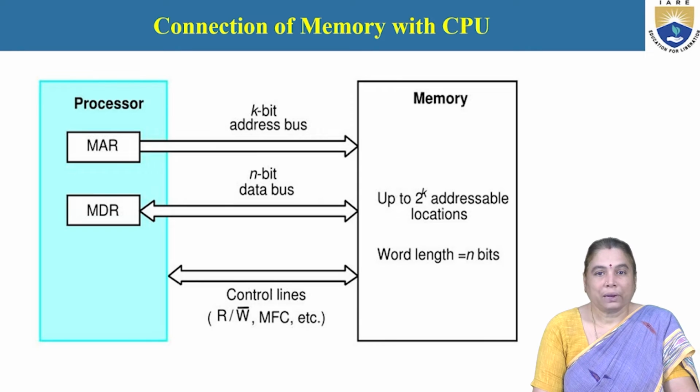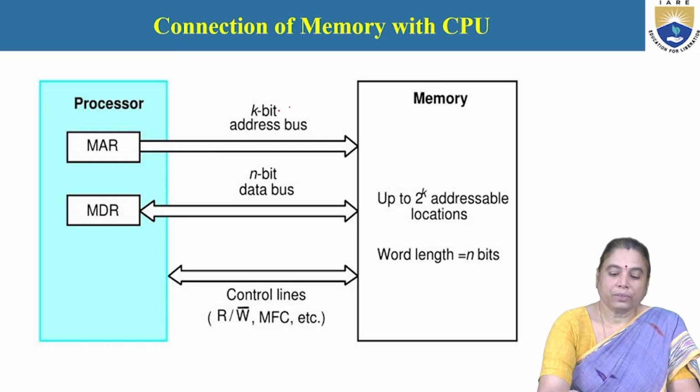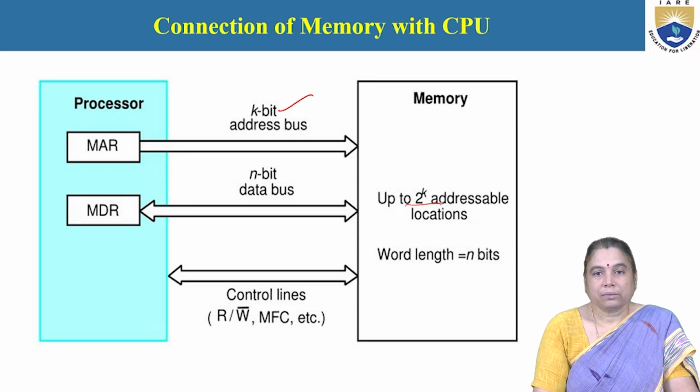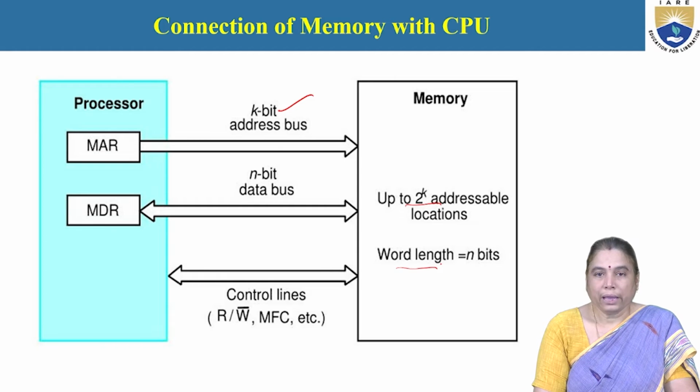The processor and memory can be connected with the address bus, data bus and control bus. Consider how many bits are present in the address bus. For example, if there are k bits, 2 power k is the address space of the memory. If the data bus is n bits wide, there are n bits to be represented as one word, so the word length is equal to n bits.